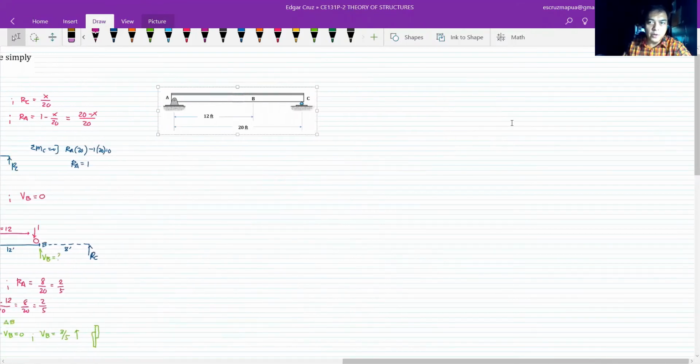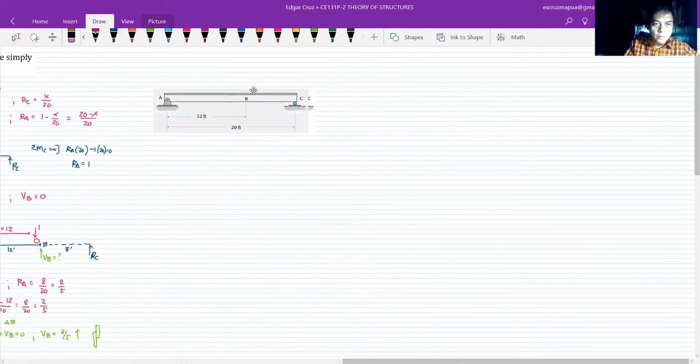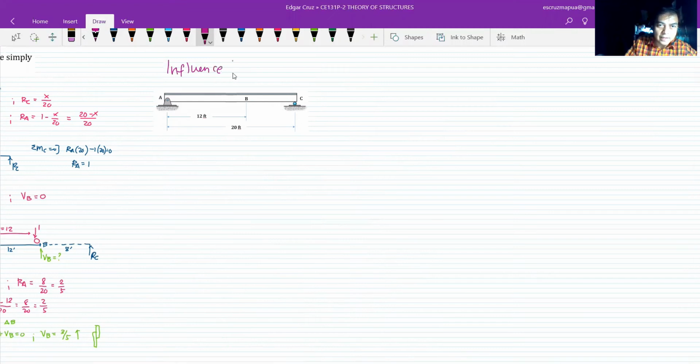So, this time, we're going to show what would be the influence line naman for moment naman sa B. Moment at point B. Kanina, shear at point B. Ito naman, moment at B.